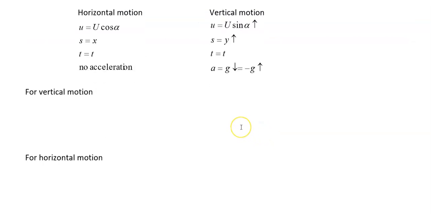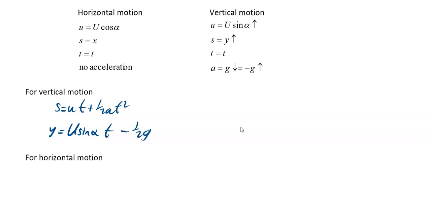Okay, so for vertical motion, we're just going to use S is equal to ut plus a half at squared. I'm just going to put that in. That means y is equal to big U sine alpha times t minus a half g t squared, equation 1. So clearly we're going to be revisiting this very soon. For horizontal motion, we're just going to say distance.